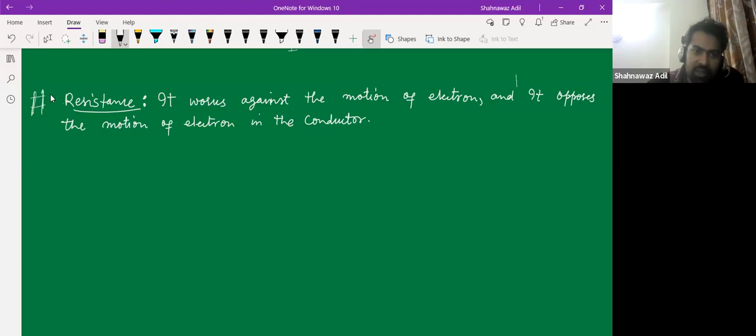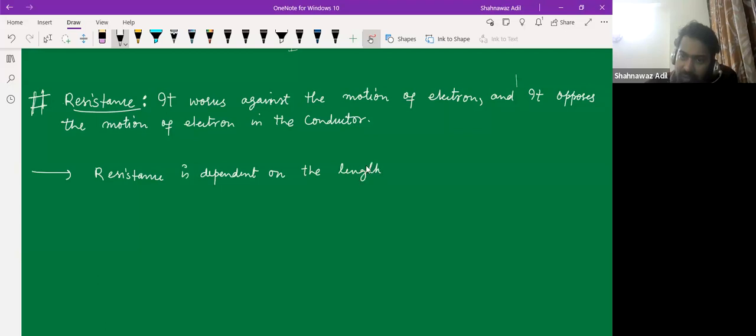So this resistance is dependent on the length of the wire, right?